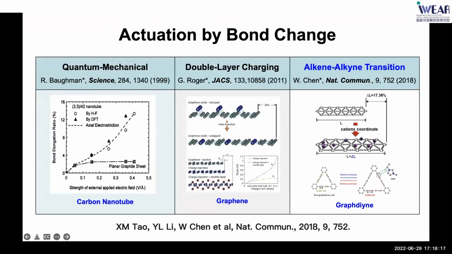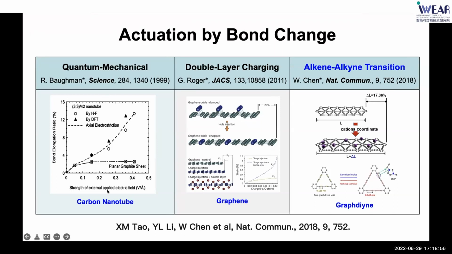The above results are based on the ions' physical adsorption and desorption, and then the expansion of the materials. Next, I would like to introduce a kind of actuation caused by chemical bond change. From previous theoretical reports, we can see if carbon or graphene changes the carbon bond, usually we need very high charge injection.